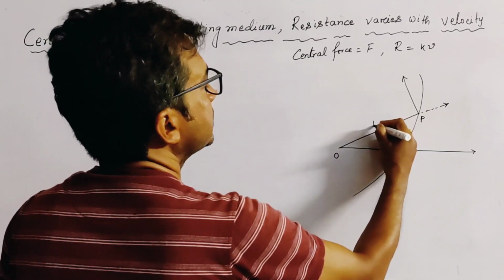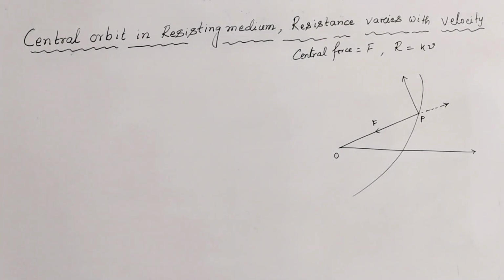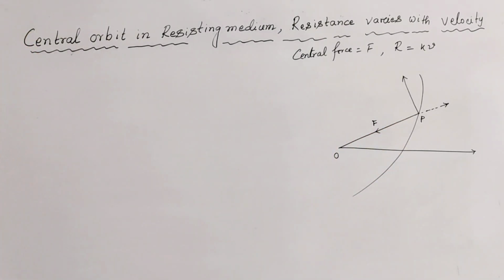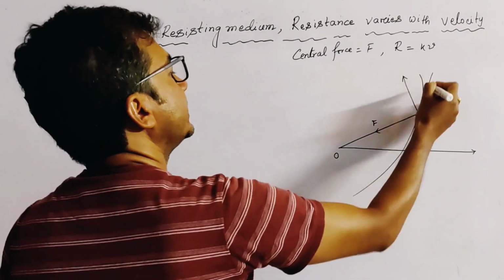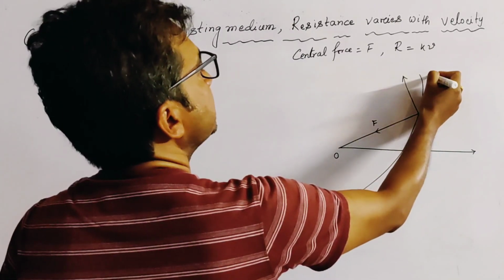This is the force F, and we take it to be minus F because it is directed towards the origin, or center of force. Now we draw a tangent at that point, and we know that velocity always acts along the tangent.